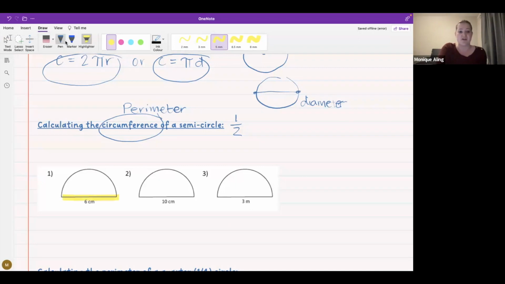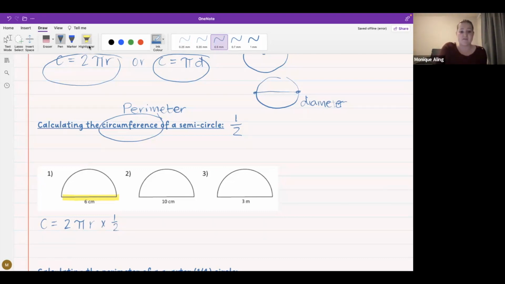Okay, so let's have a look. If I use the formula as per normal, so I like using this one, okay, because when we deal with quarter circles and 3/4 circles, you'll see that we use the radius for that. So my usual formula, 2 pi r, I'm going to times by half.